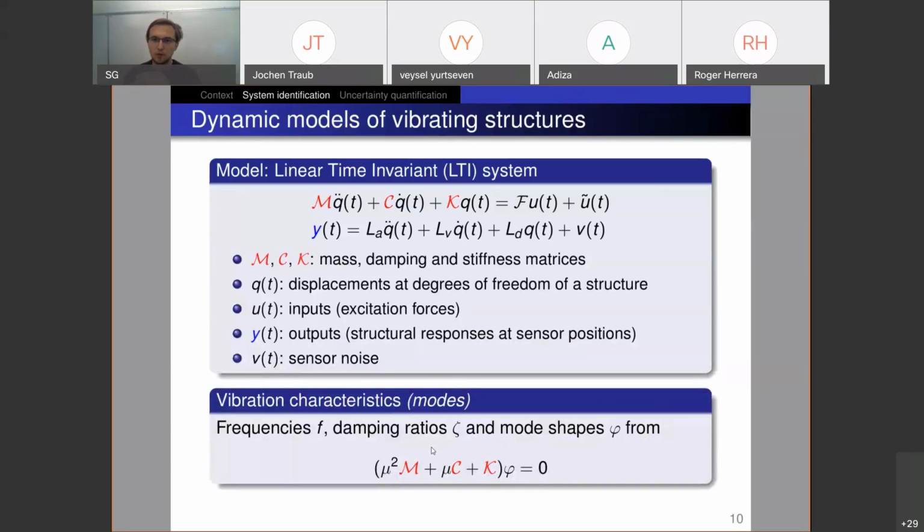We assume a linear time-invariant model for our system, which is described by the second-order differential equation of motion.